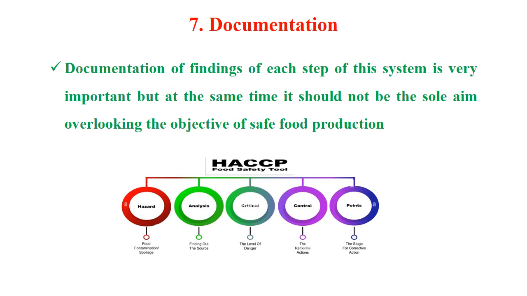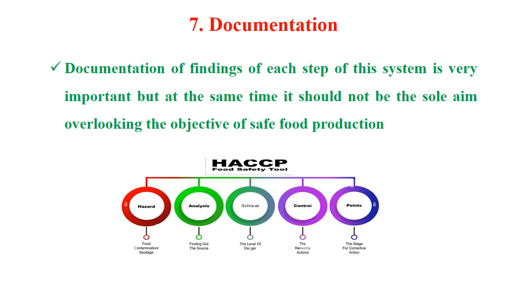Now the last one, the seventh principle, is documentation. Documentation of findings of each step of this system is very important, but at the same time it should not be the sole aim, overlooking the objective of safe food production.